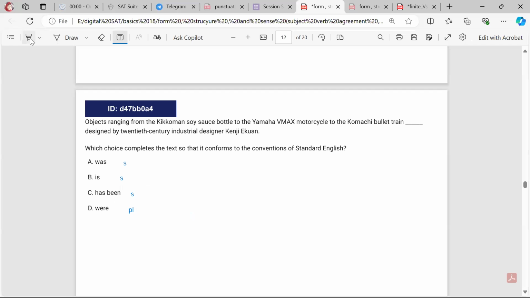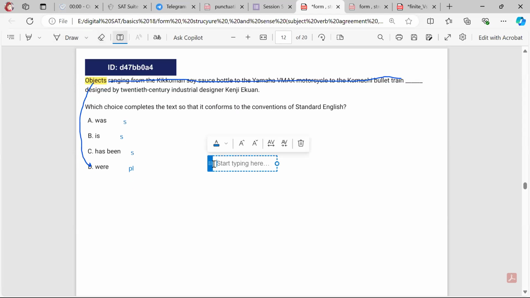Why are you saying that it's A? Look here. Objects. What is the verb for objects? Look here. Ranging is not a main verb. From, cross out all the things that are not giving you a main verb. So I cannot say objects ranging, it's not a main verb. Objects where.